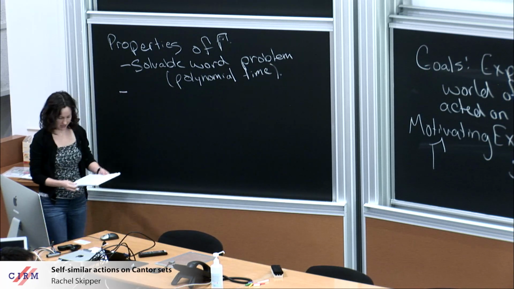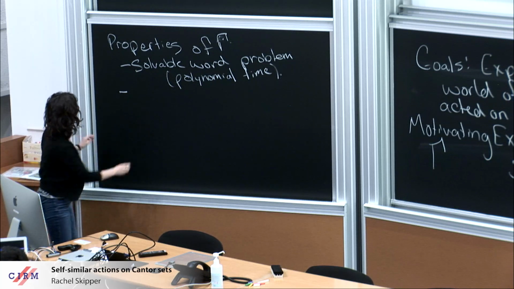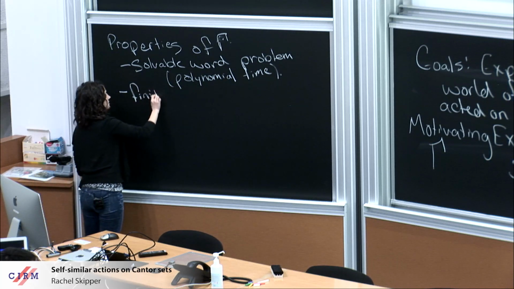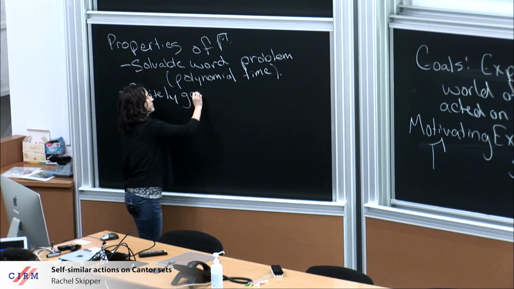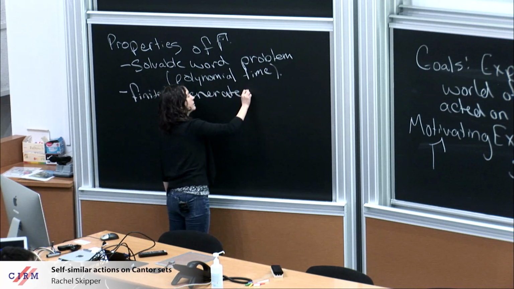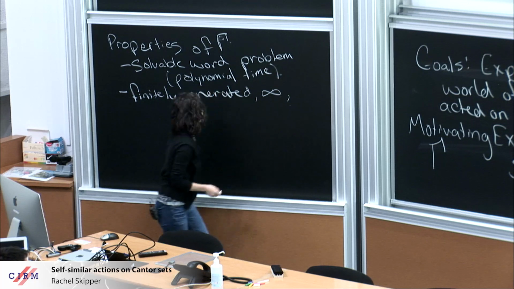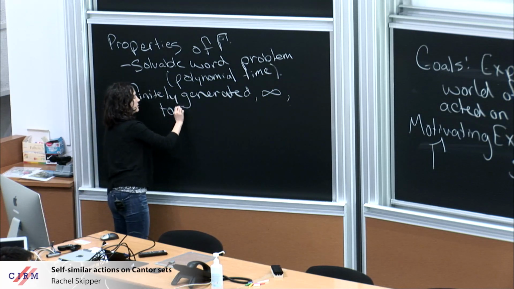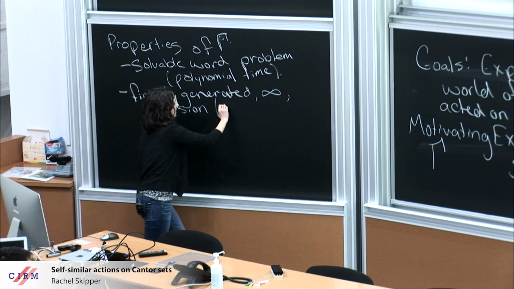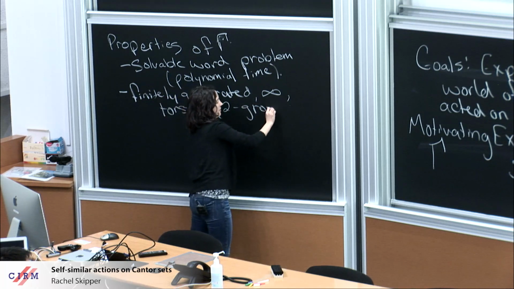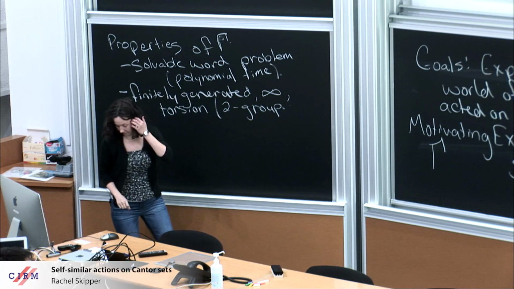It is finitely generated, infinite, but torsion. In fact, it's a 2-group, so every element in this group has order a power of 2.